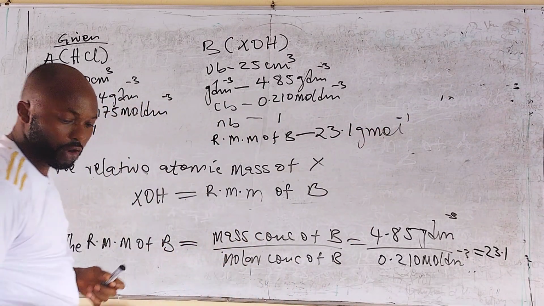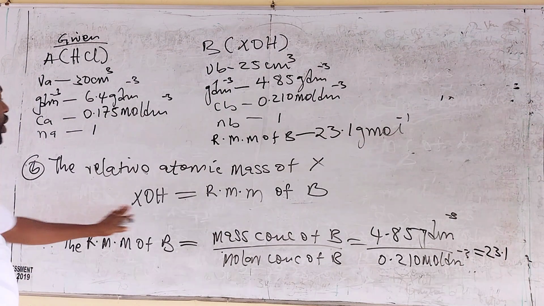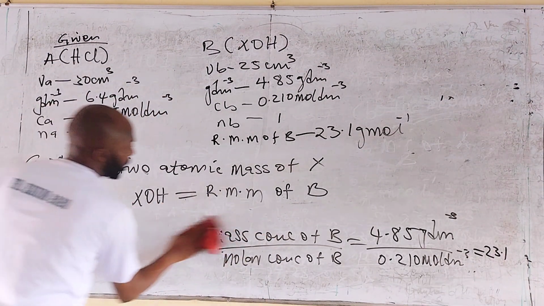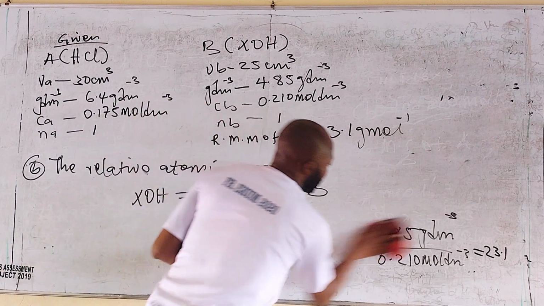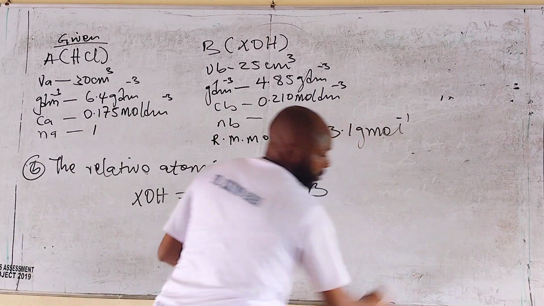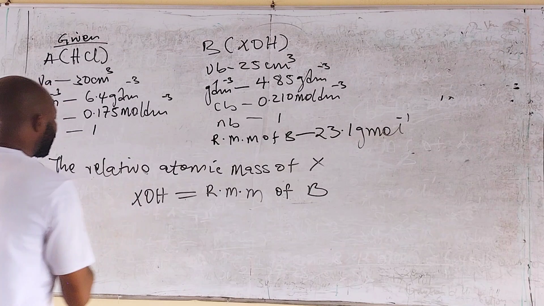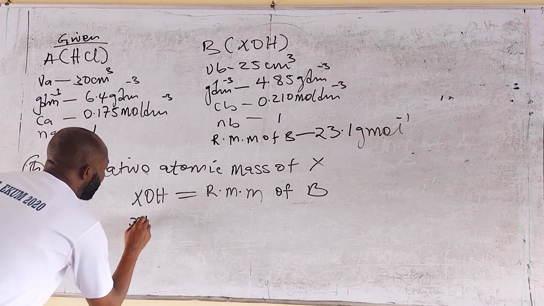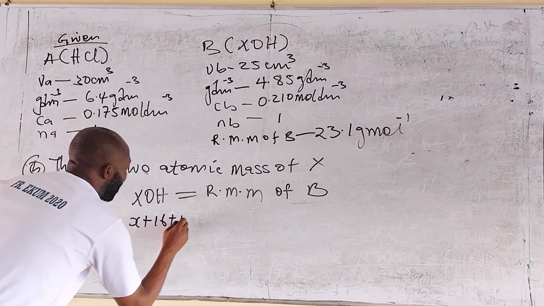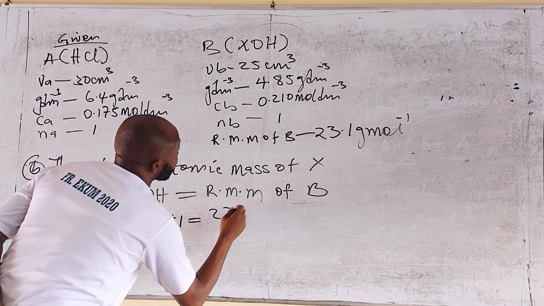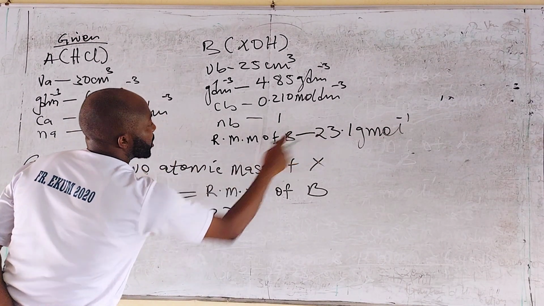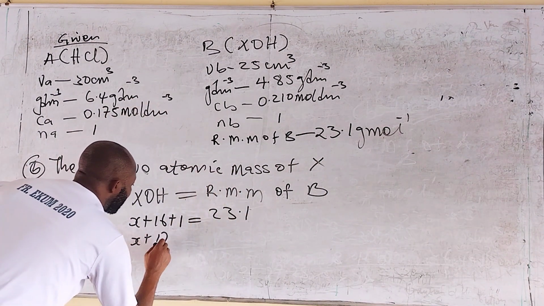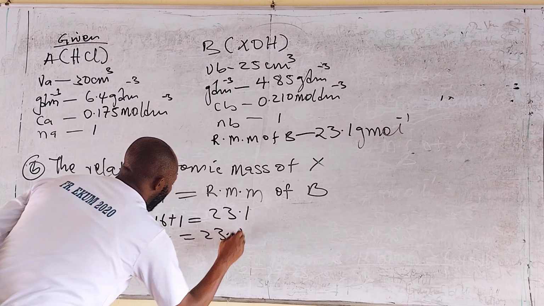So now if we come back to the formula, we can determine our X. So let me take these ones out now. X plus 16 plus 1 is equal to 23.1. So X plus 17 is equal to 23.1.